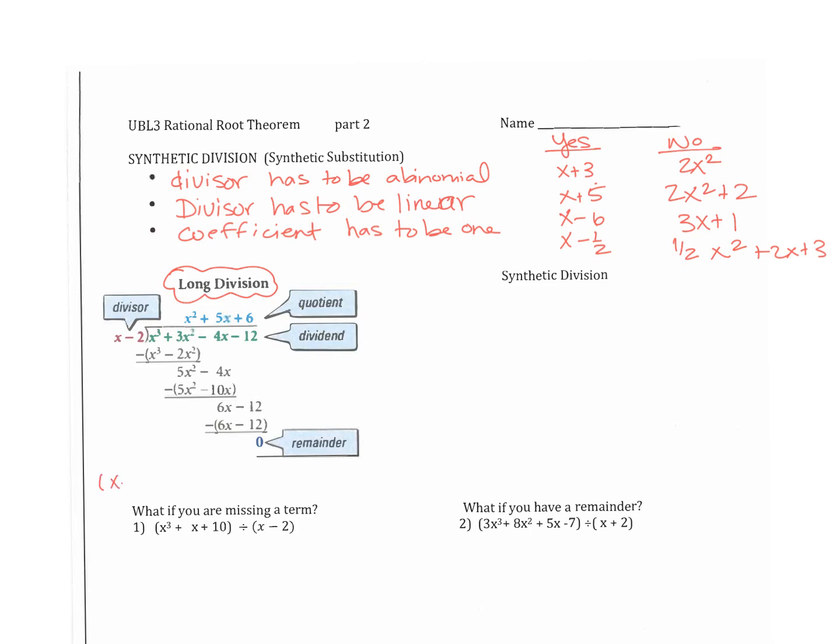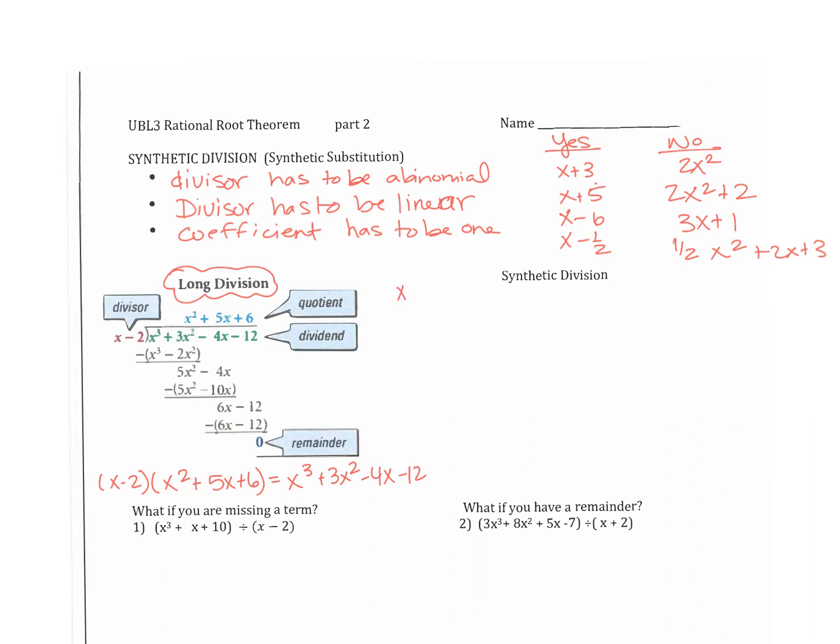And this is telling me that x minus 2, that's my divisor, times my quotient, x squared plus 5x plus 6, equals my original green polynomial, x cubed plus 3x squared minus 4x minus 12. So what I did is I used my long division to break down my original polynomial. So how do we use synthetic division to do that?